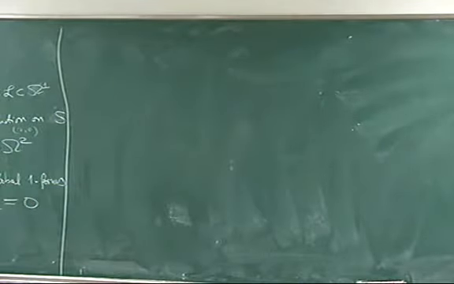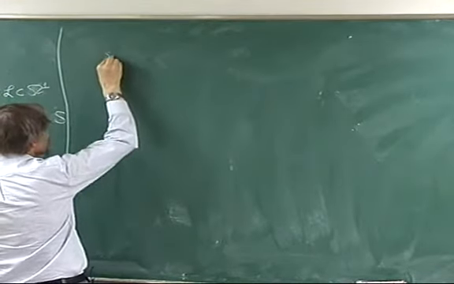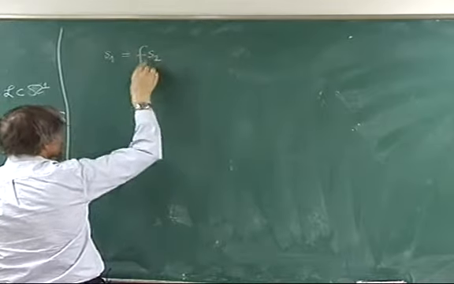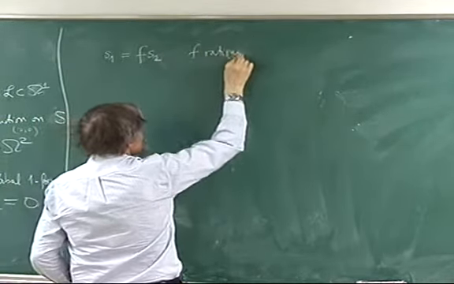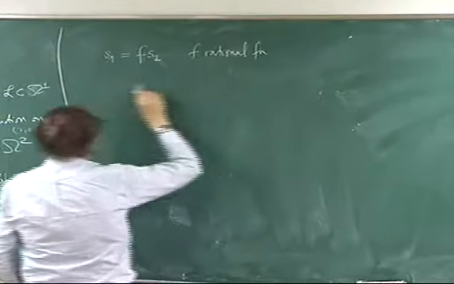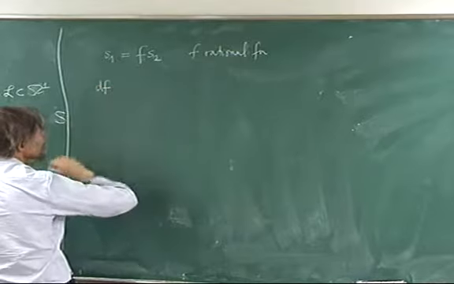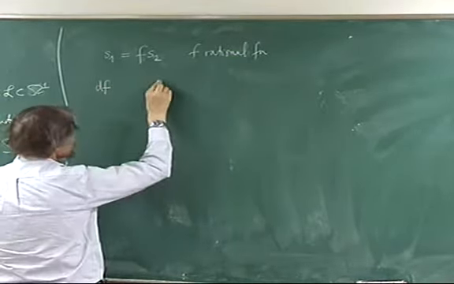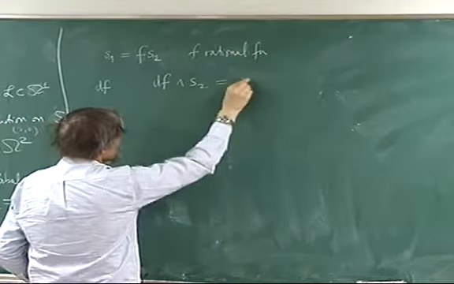Okay, so let's look at the map. I'm looking at this correspondence like this. So f is a rational function, right? But I can still take df, and I claim that the thing I just said implies that df wedge S2 equals 0, right?